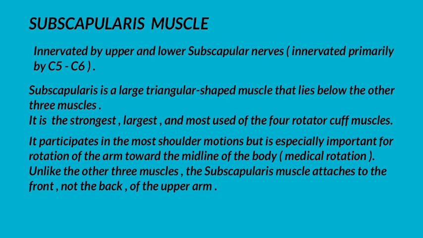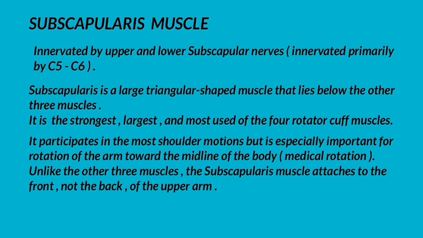The last one is subscapularis muscle, the fourth one, innervated by upper and lower subscapular nerves, innervated primarily by C5 and C6 of spinal nerve roots.